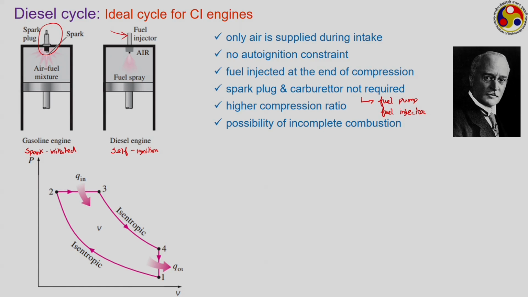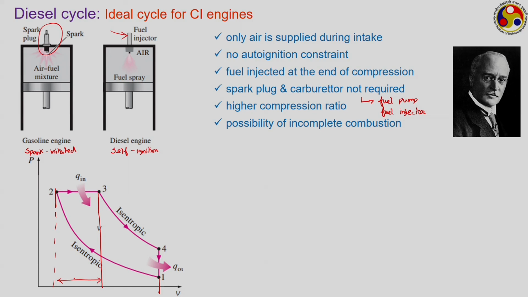Thereby we achieve this combustion process at constant pressure. However, there is change in volume. If I draw like this, this is your bottom dead center location, and this is the top dead center location, and this combustion process actually happens over this particular volume.